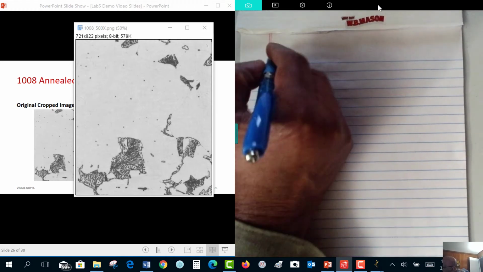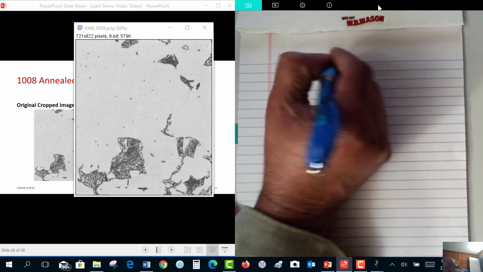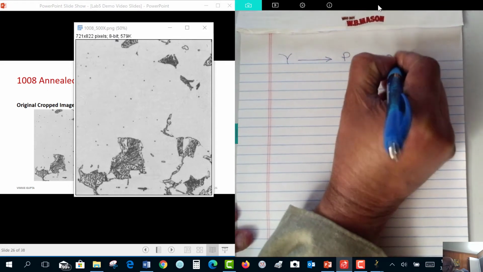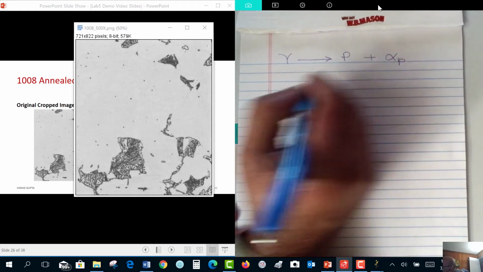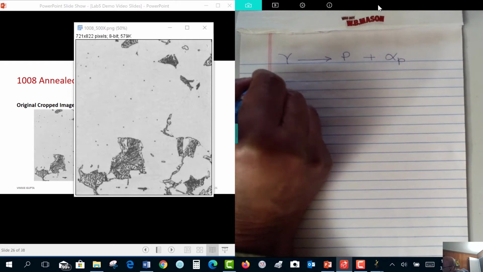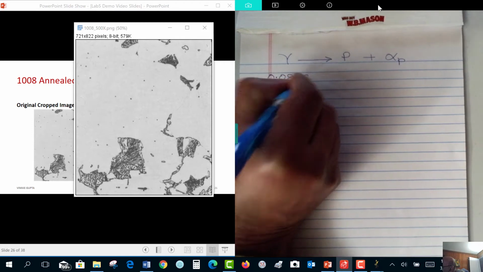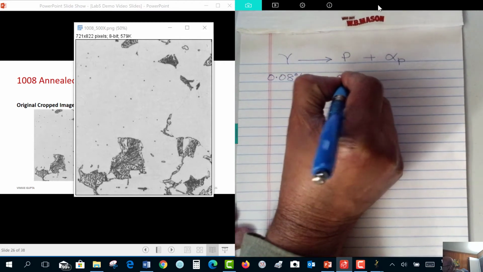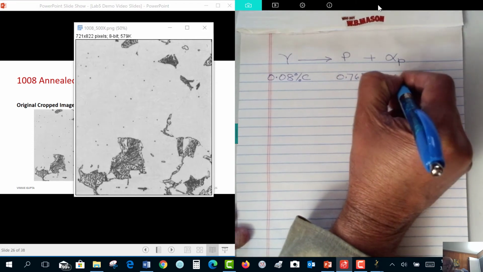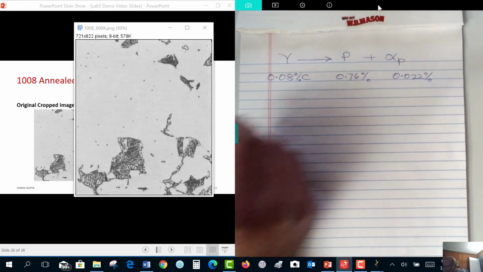So we start with austenite at high temperature. We slowly cool it. We get pearlite and we get pro-eutectoid ferrite. Now the composition of the alloy is 0.08% carbon, 1008. Pearlite is 0.76%, and alpha P is 0.022% carbon.